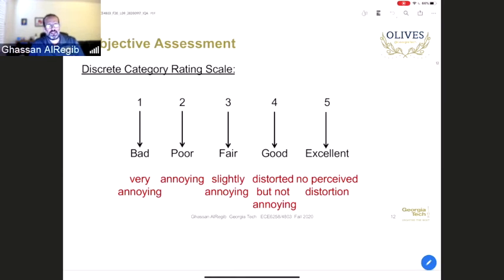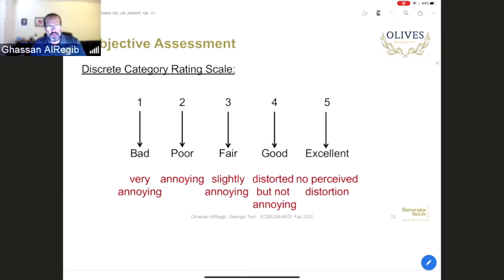5 means this is an excellent, high quality image, and what we have in red there is a guide. It's very difficult for us as humans to say what is really bad, poor, fair, good, excellent. So as a guide to those who are scoring the quality, we have these definitions. Number 1 means there are artifacts, some degradation in the image that are very annoying.